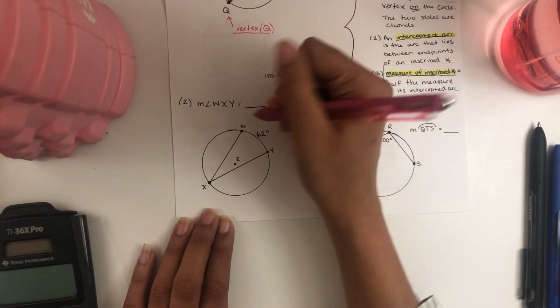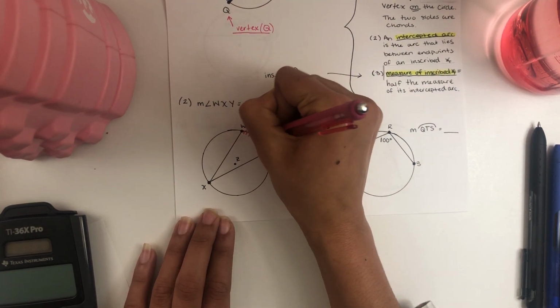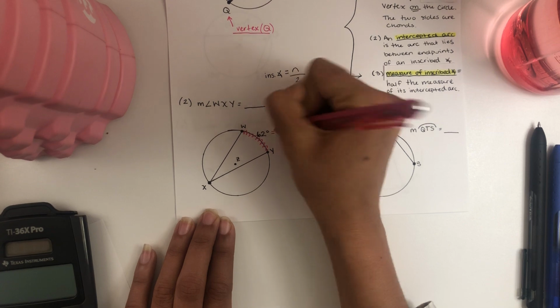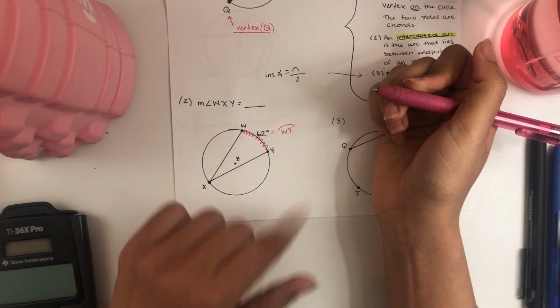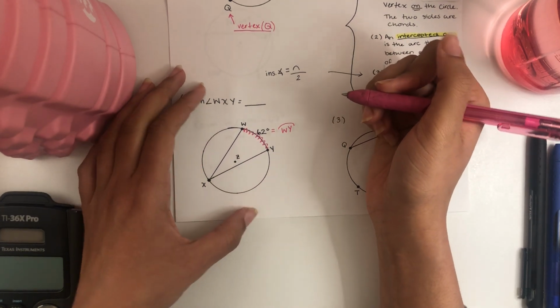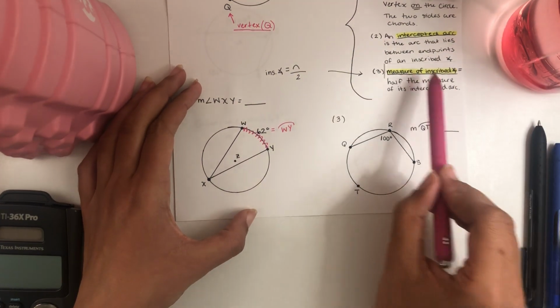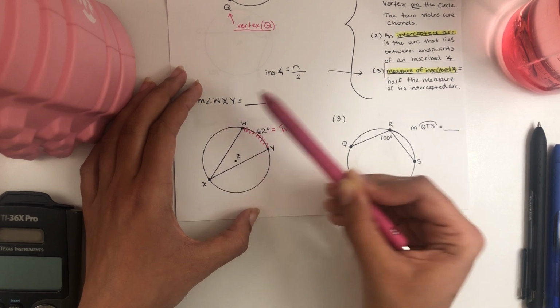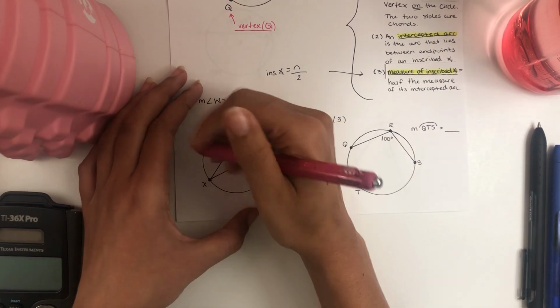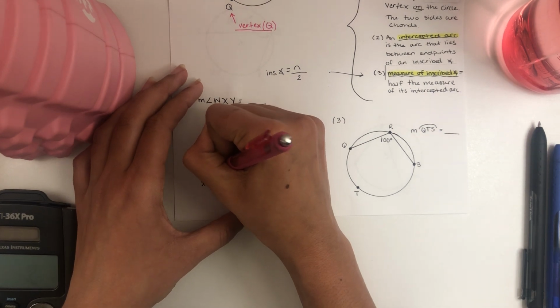First thing they tell us, arc WY is equal to 62 degrees. So I need to use this to figure out what's the measure of angle WXY. So I need to figure out what is this in here.